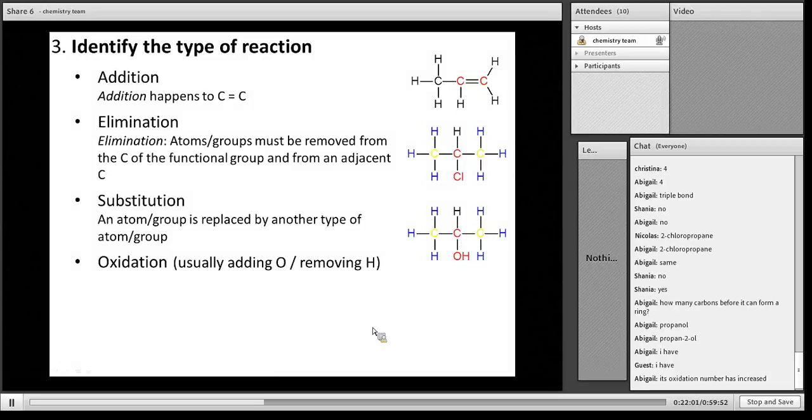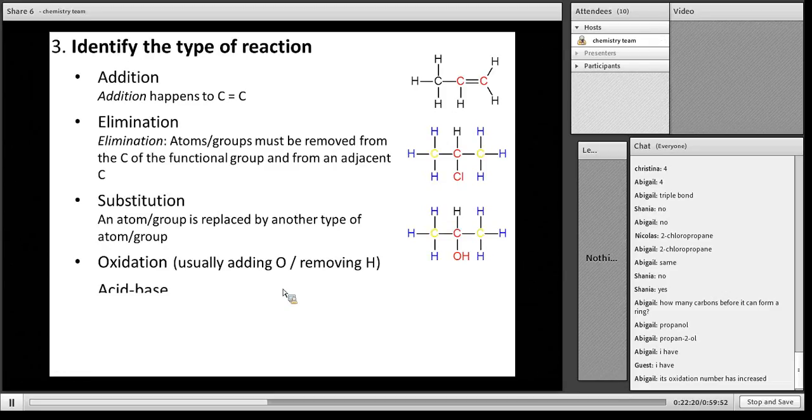So we don't really try and work out oxidation numbers for oxidation. Just as a rule of thumb, for organic chemistry, if I'm adding oxygen or removing hydrogen, I'm oxidizing it, pretty much. So we'll go through and you'll see that.